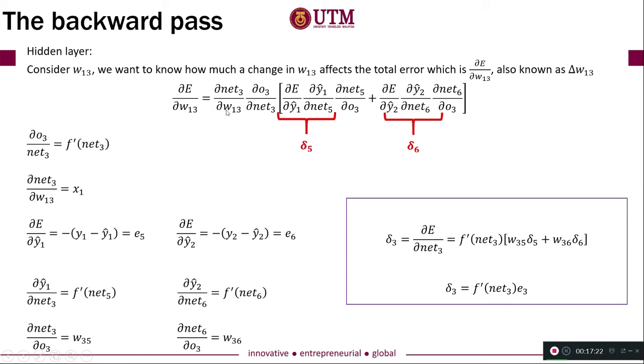So if you talk about a neuron at the hidden layer, one of which is node number 3, the delta 3 at node 3 is also defined as del E over del net 3, which is equal to, okay, what is the definition of del E over del net 3?